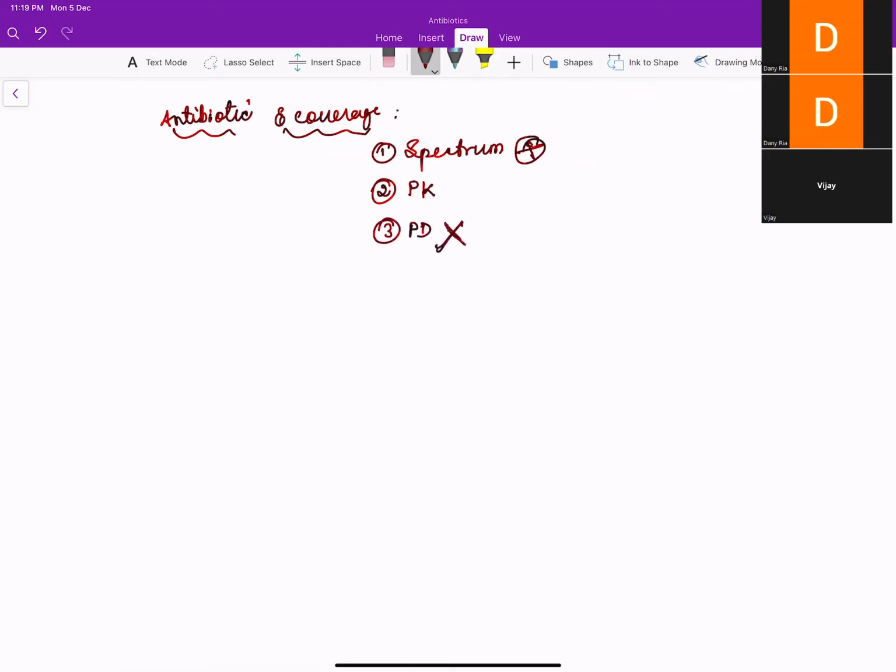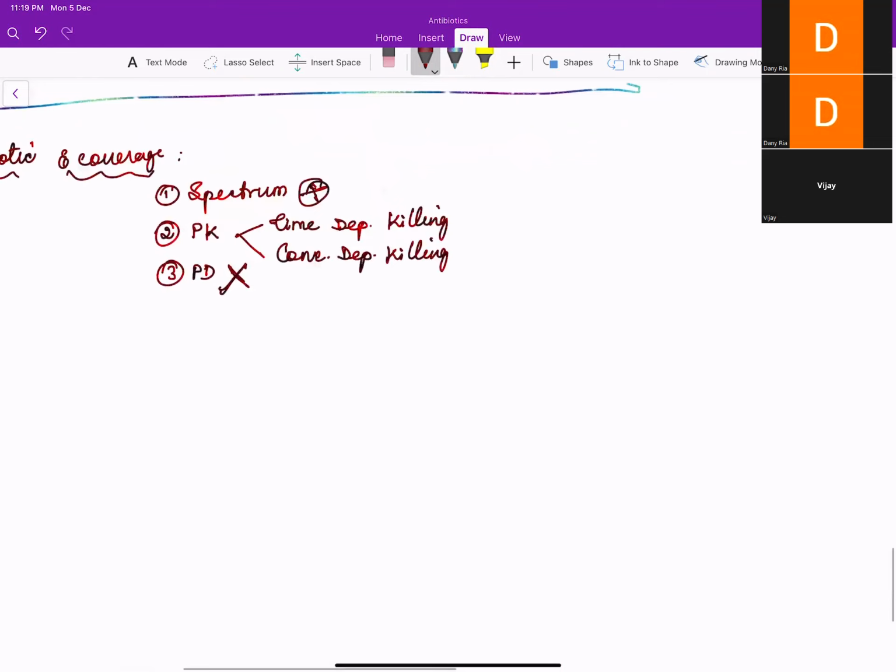Pharmacodynamics we are not going to discuss today. Pharmacokinetics, what we'll do is only two things: time dependent killing and concentration dependent killing. Time dependent killing is that there are some antibiotics which need to be present for a longer time in the body to have their action.